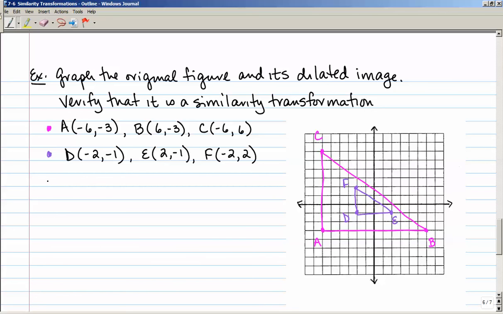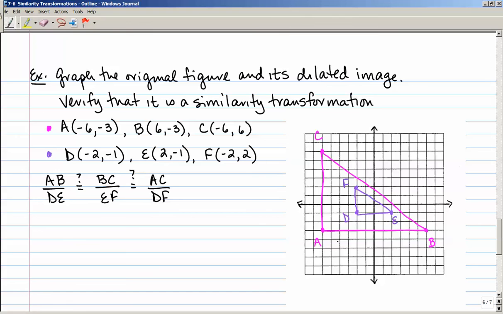So what I need to show is that corresponding sides are proportional. Is AB over DE equal to BC over EF? And is that equal to AC over DF? Okay, so some of these are going to be pretty easy. I can just count some of these.